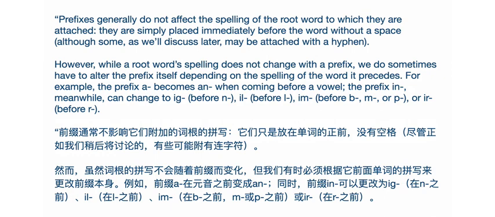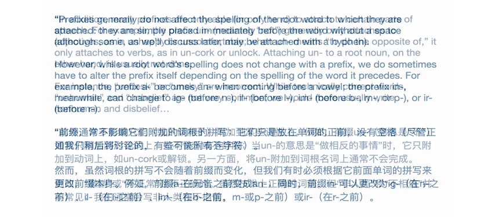We do sometimes have to alter the prefix itself depending on the spelling of the word it precedes. For example, the prefix a becomes an when coming before a vowel. The prefix in, meanwhile, can change to ig if it is placed before an n, il before an l, im before a b, m, or p, or ir before an r.